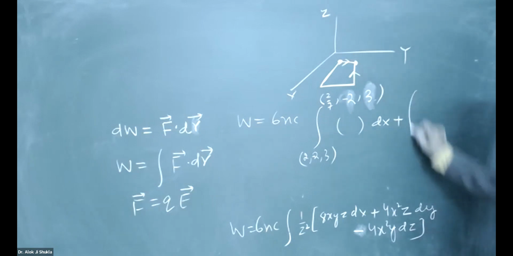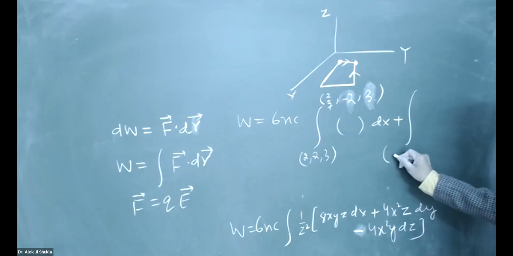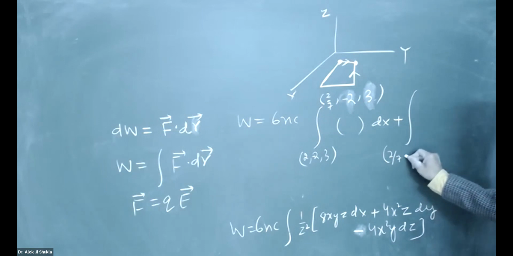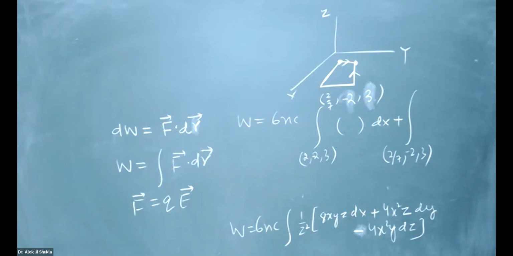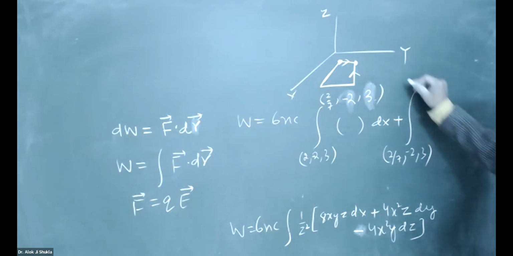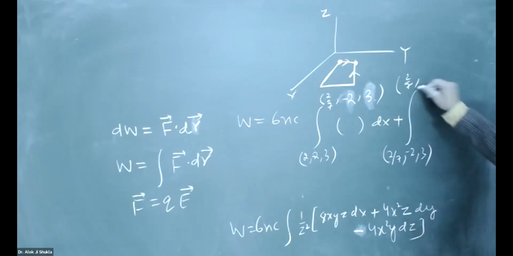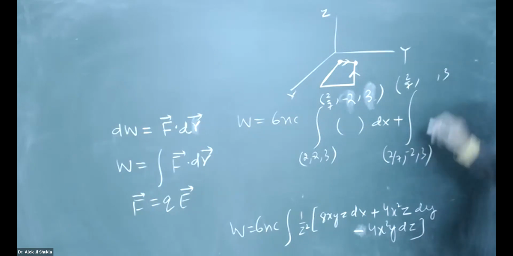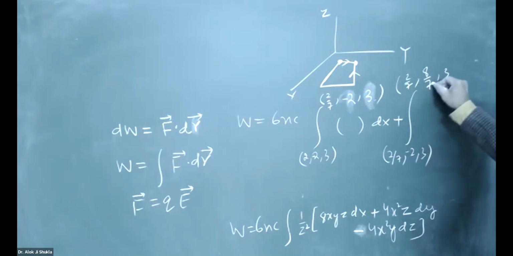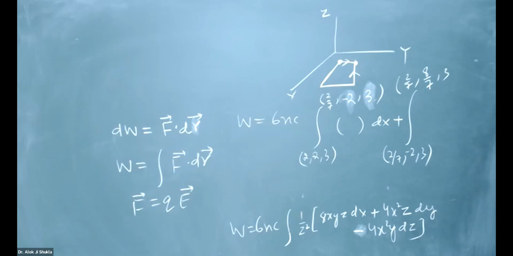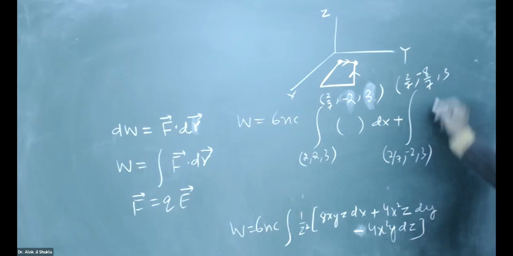Now in the second term, it is 2 by 7, minus 2 and 3. Here y goes from minus 2 to minus 8 by 7; x is 2 by 7 and z will be constant at 3, and here it will be this into dy.